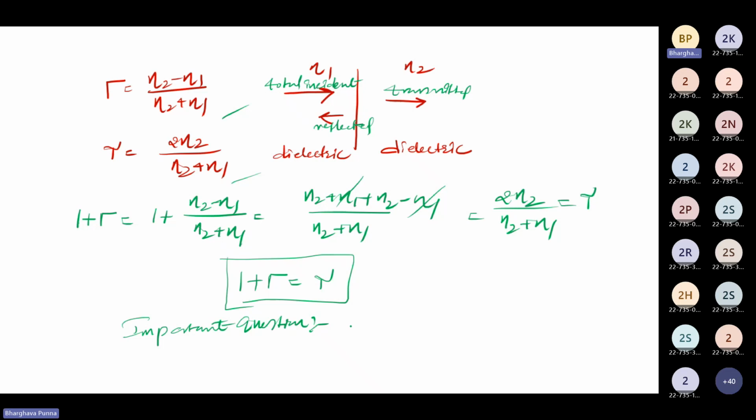That means by observing this particular statement, you need to answer me now. You need to respond now. Can I tell the transmitted wave is lesser than the incident wave in strength?